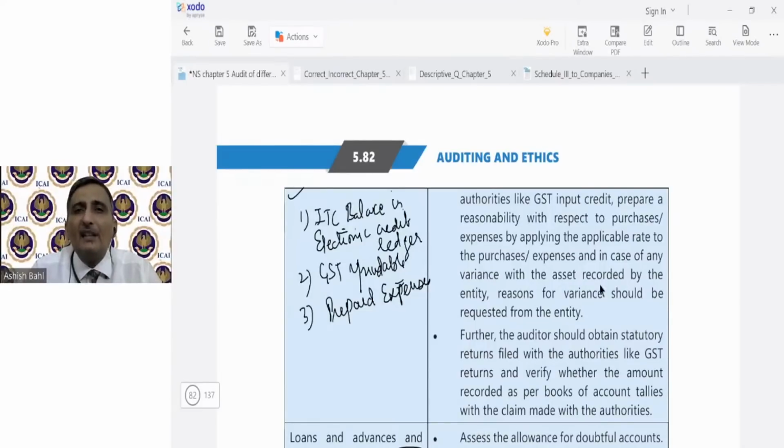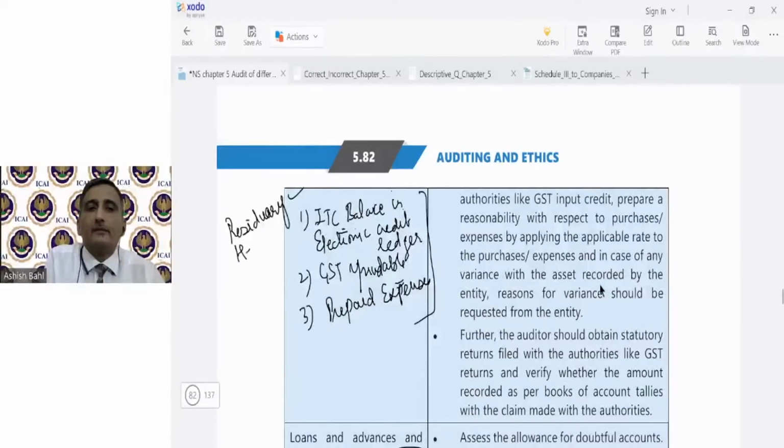Say a company is participating in fairs and has made an advance payment for participation in a fair, but the fair is to be held next year. So this is again a sort of prepaid expense. So this is a residuary head, other current assets.